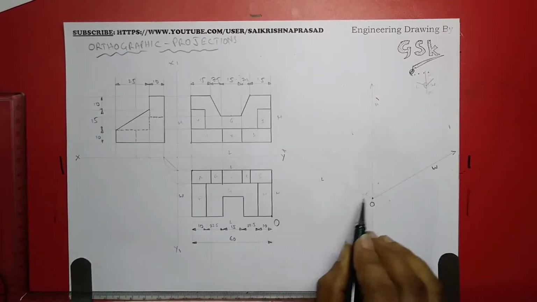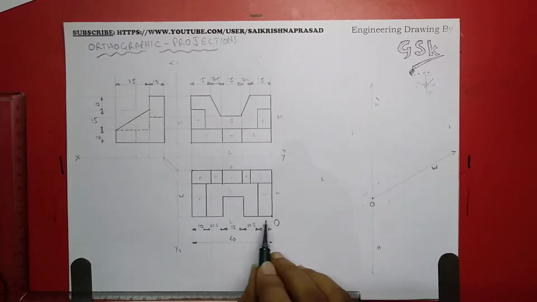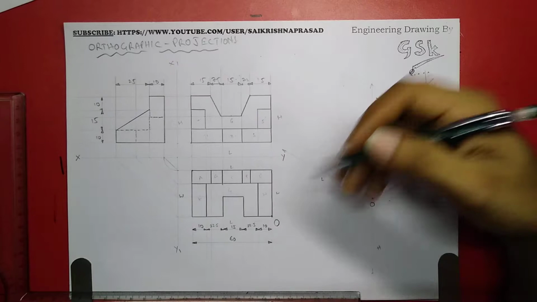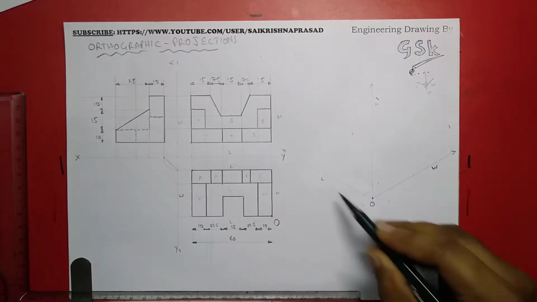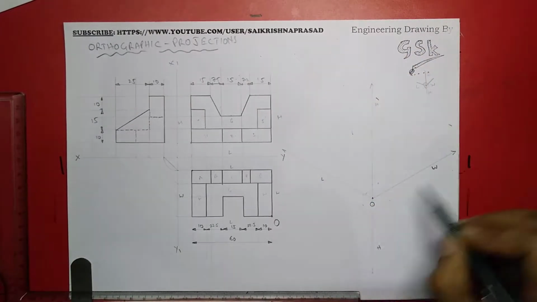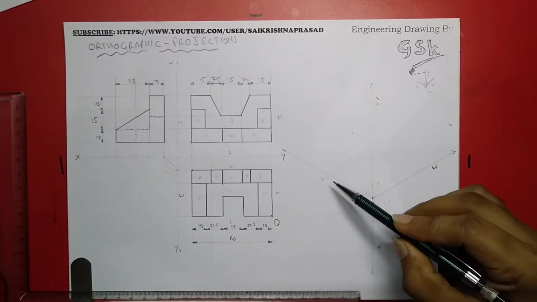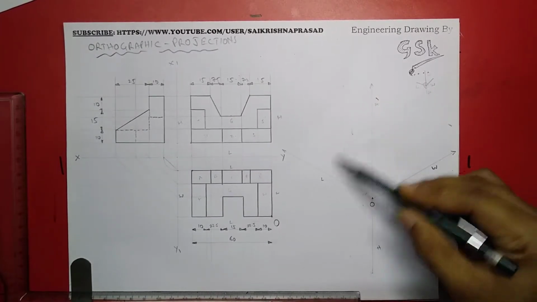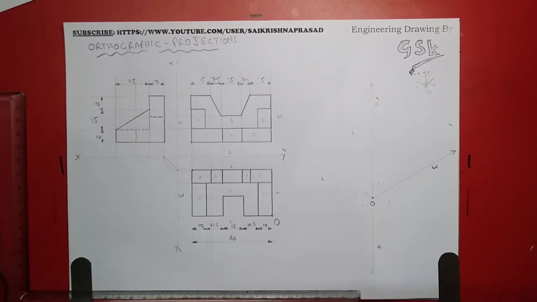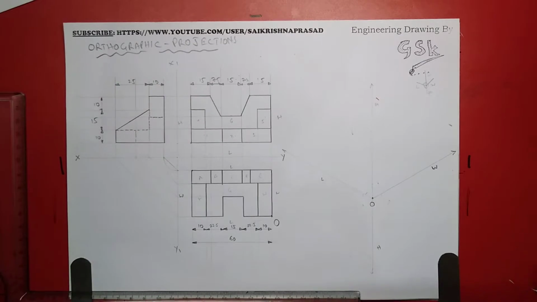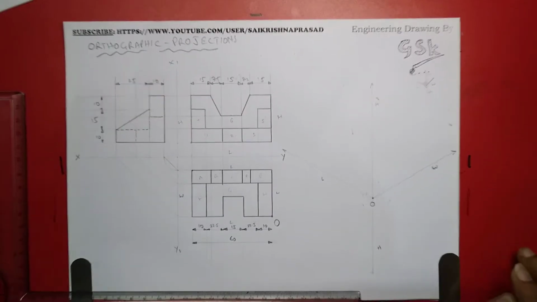Whatever dimensions I take on this line would be length, on this line would be width, and on this line would be height. So these three are called isometric axes, and the lines we draw parallel to these axes are called isometric lines.